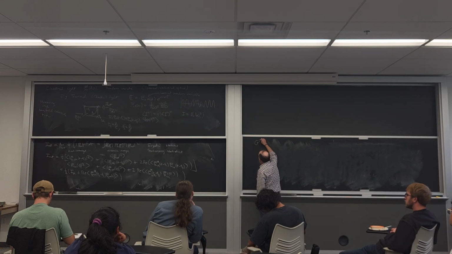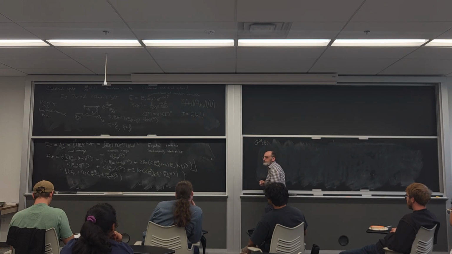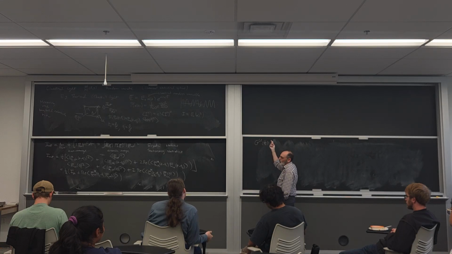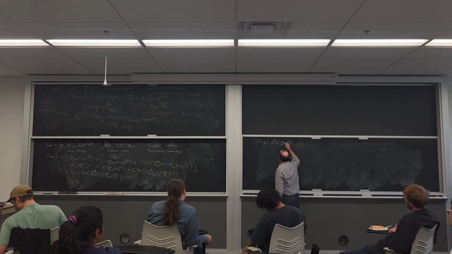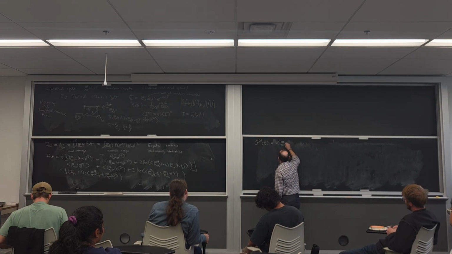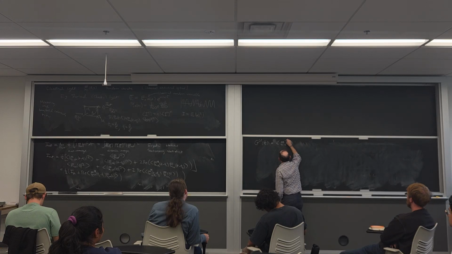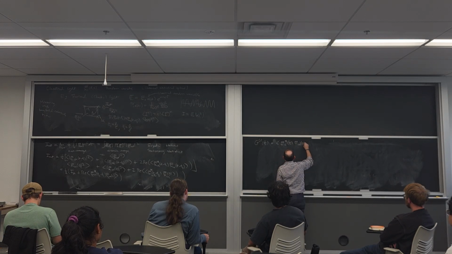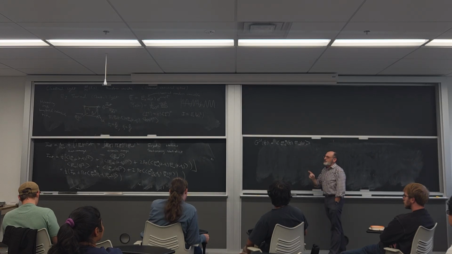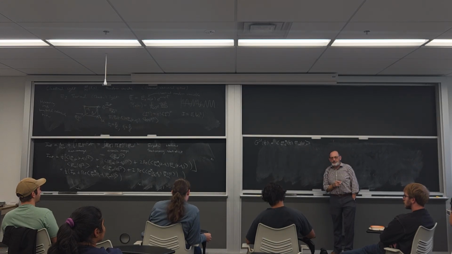I'll call G1 of tau, which is the first order correlation function in statistical optics, E in tilde at tau star correlated with E in at 0. Okay? G1 at 0 is the intensity.